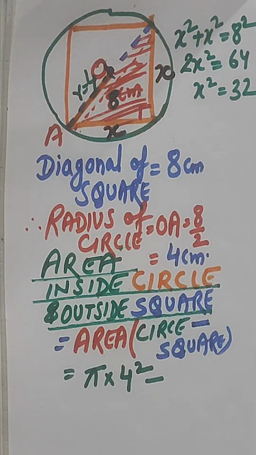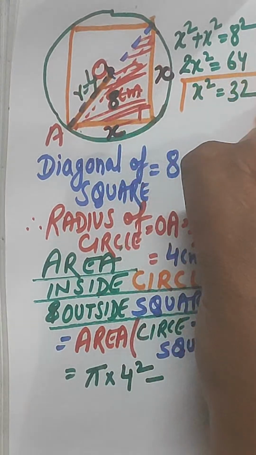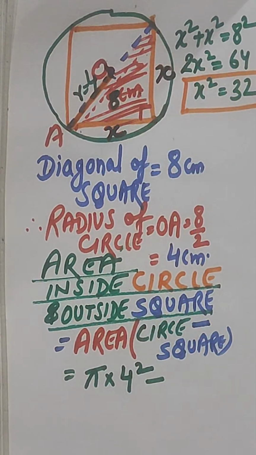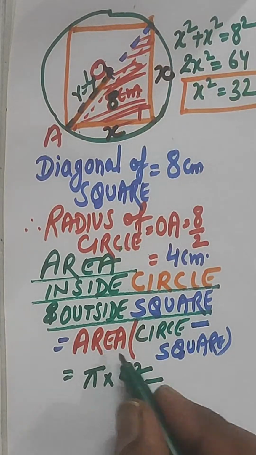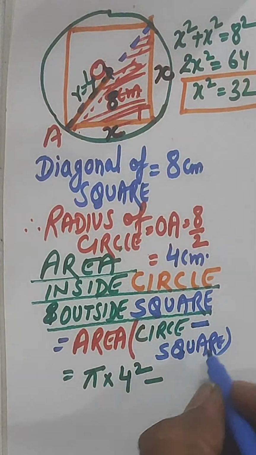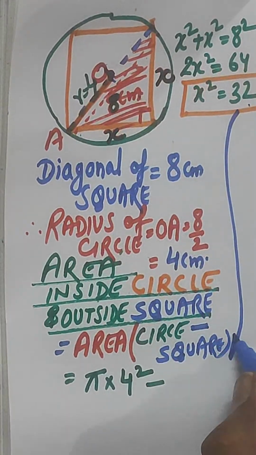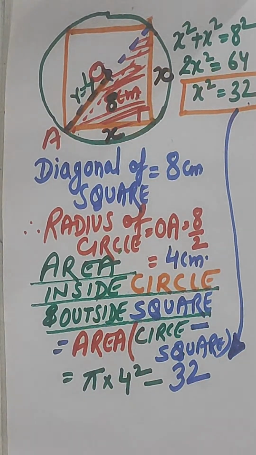So just keep this data with you. x square is 32, which is nothing but area of a square, and area of a square is side square, which is equal to 32. So just insert this 32 over here and subtract it from the area of the circle.